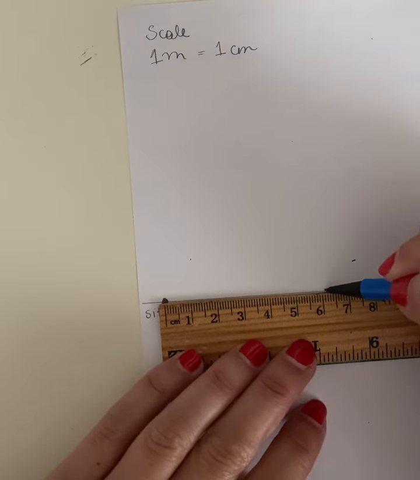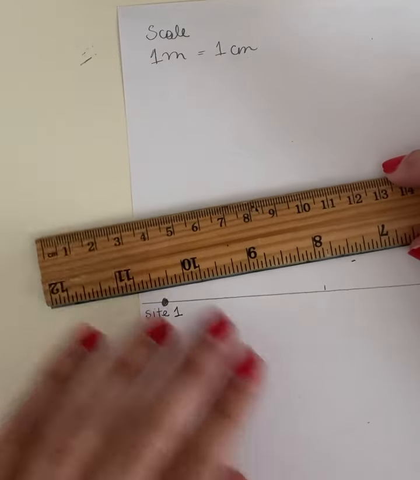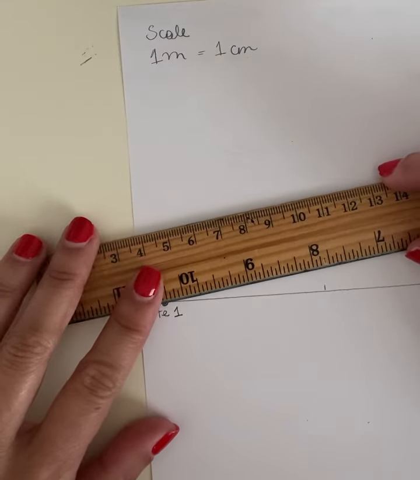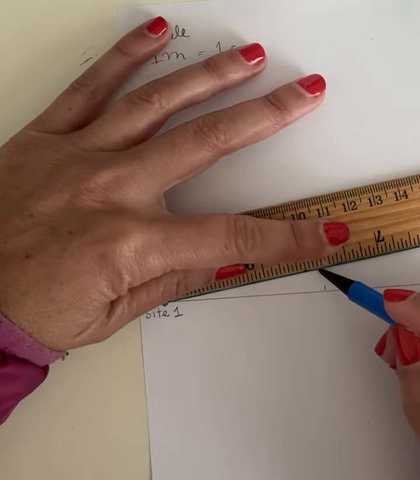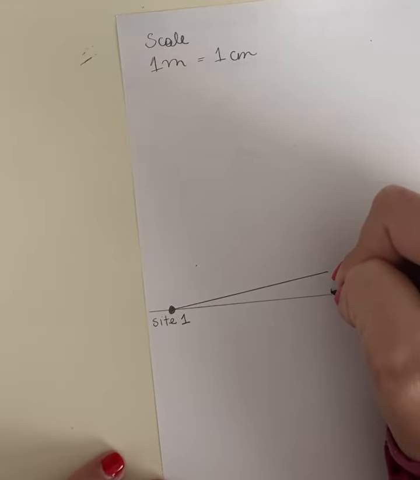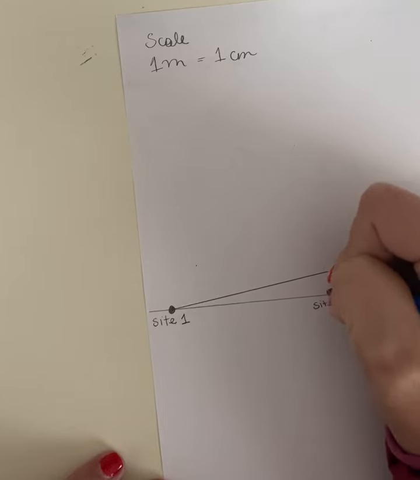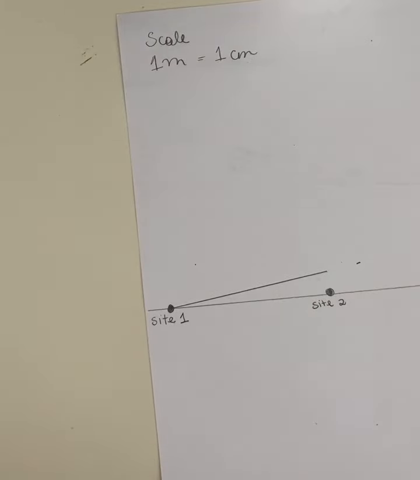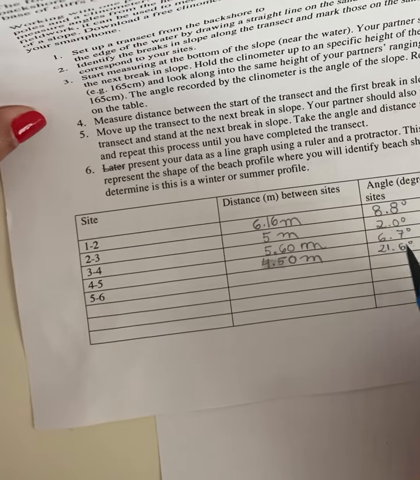So that would be around here, which means that when I draw my angle, I have to stop at this line. So this is side 2.